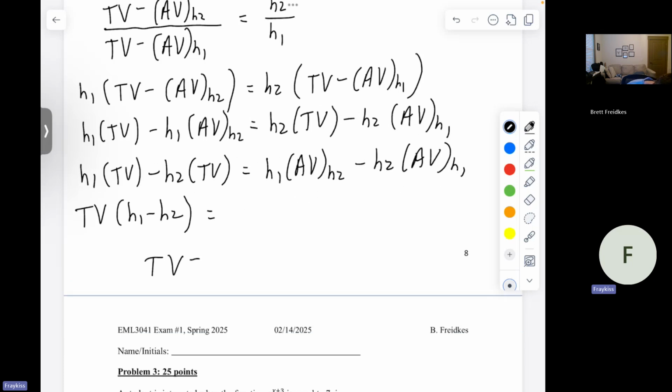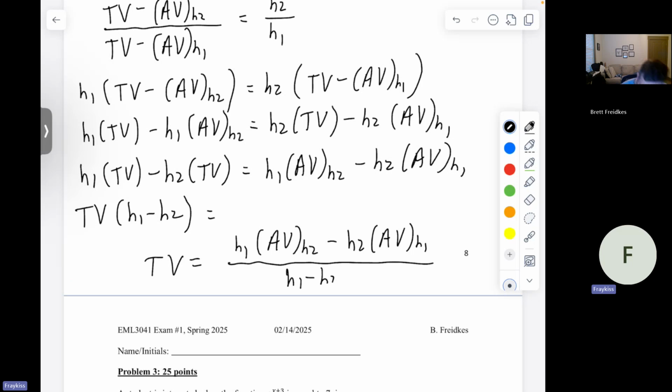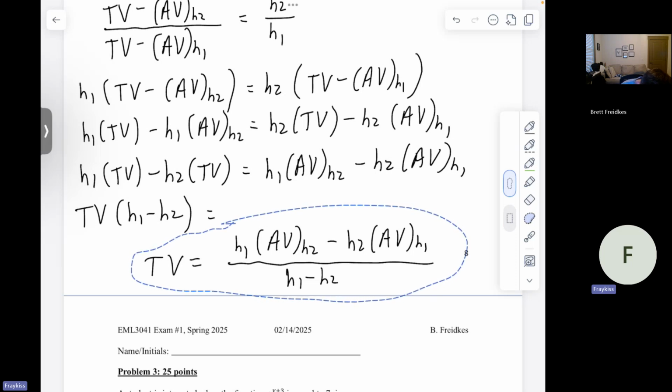And then if I divide, I will get my true value based on these two approximations, where now we will divide by H1 minus H2. And this should give us the same answer. Let's go ahead and check.